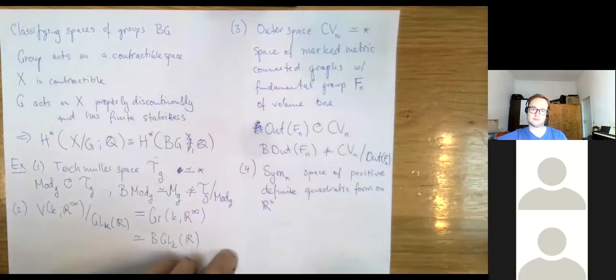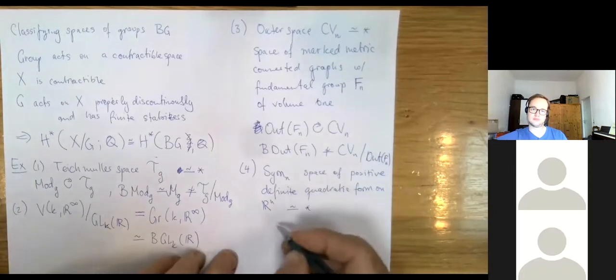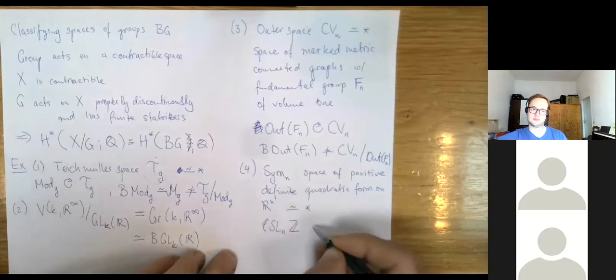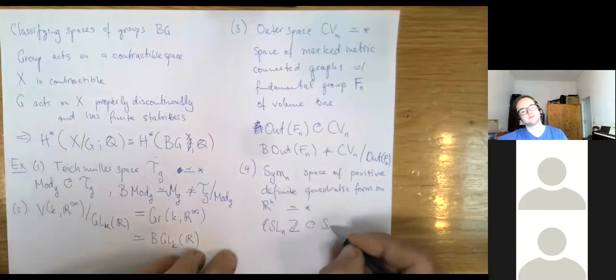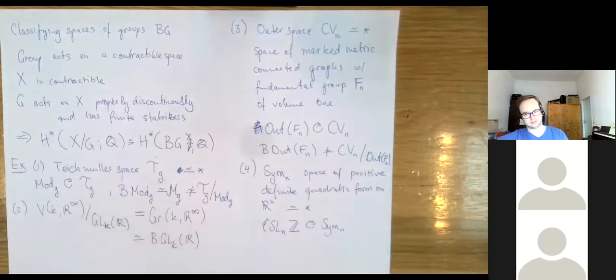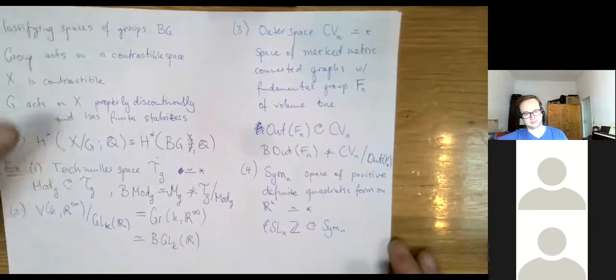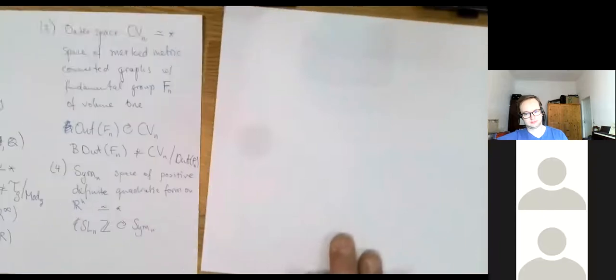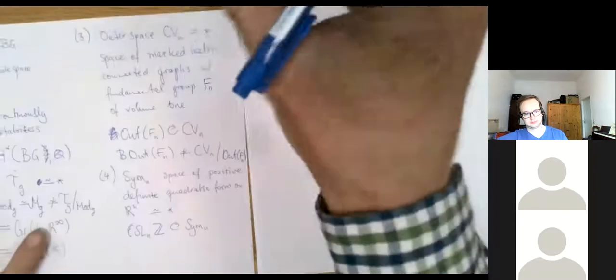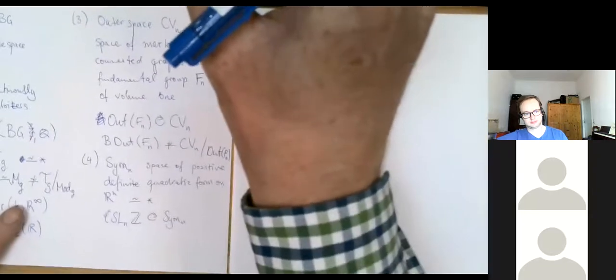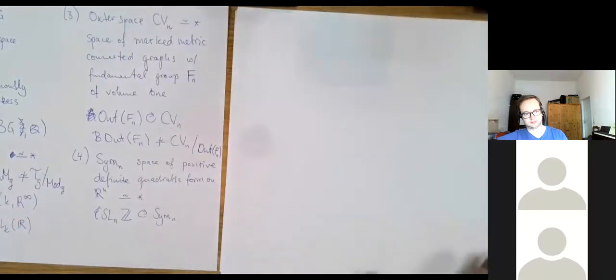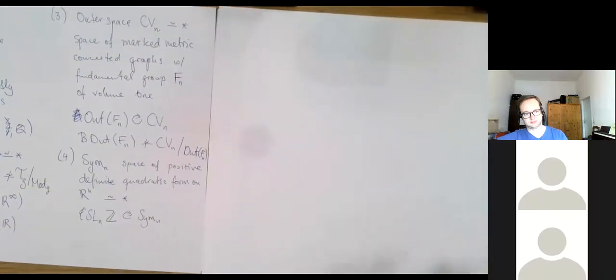And here you have that, let's say, SL_n(Z) acts on this, but again, you have finite stabilizers. As you will see later, we will still need and use these quotients. These are going to be interesting to us.